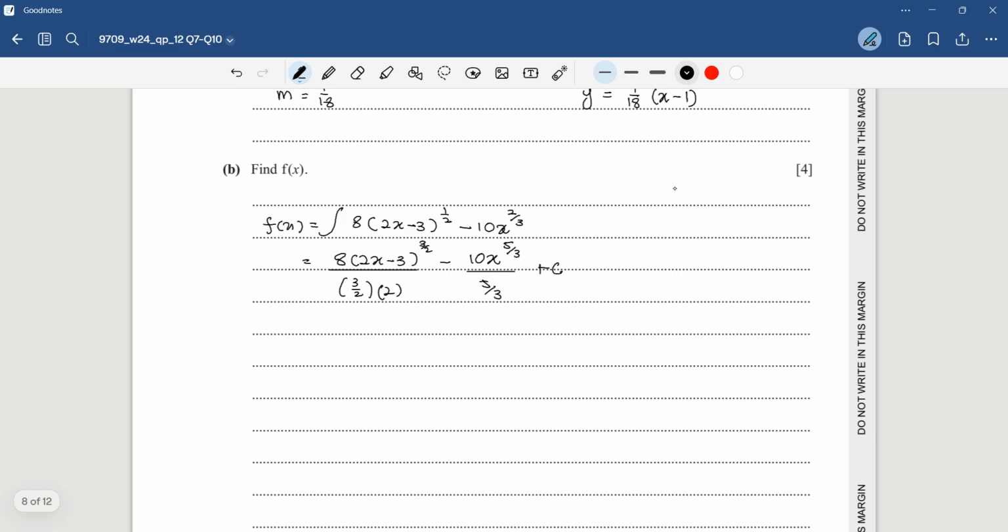Okay, for this is actually (ax plus b) power of n. So when you integrate this, you will get (ax plus b)^(n+1) over (n plus 1) times a, plus c. So just apply this.